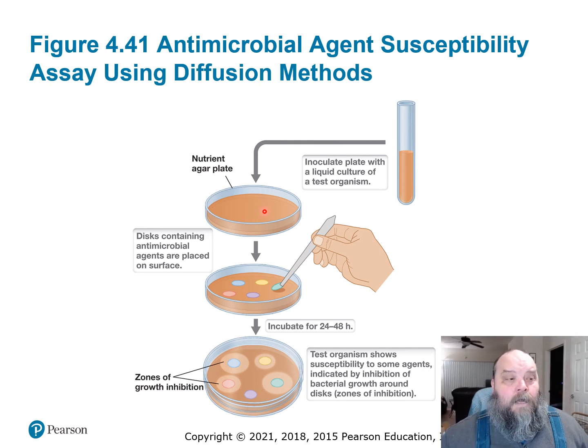They call that a lawn of bacteria. But before the bacteria can grow, you put paper or filter discs on there. Each of these different colored filters has been soaked in a different concentration of your compound.